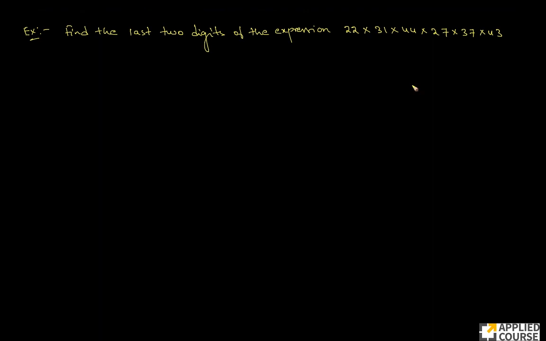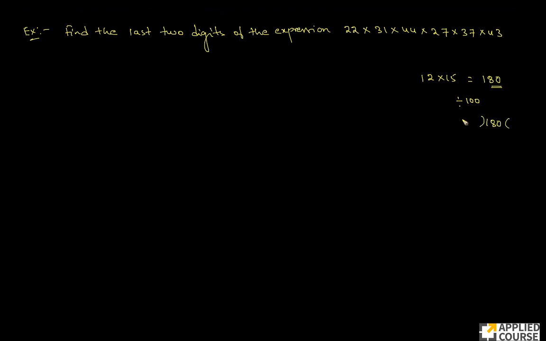Before going to this problem, I will explain one example. 12 × 15. What is the value of 12 × 15? 180. What is the last two digits of this number? 80. This is a small number, that is the reason we know. But to know the last two digits, I need to divide by 100. Then I can know the last two digits of that number.